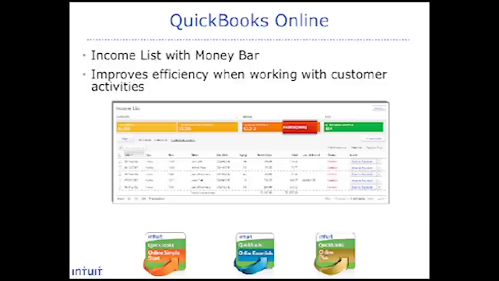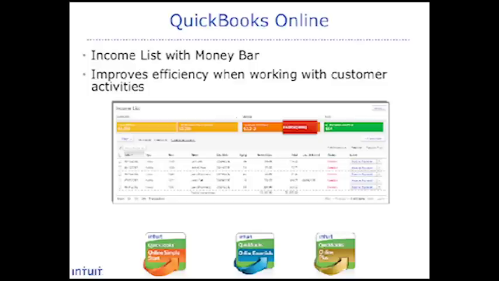It will also show you what money you have not received, both open invoices and overdue invoices, and then what money you have received. So that's the bar that you're seeing across the top of the page. On the bottom part of that screen, you're seeing a listing of all your transactions, which can be filtered by types of transactions.